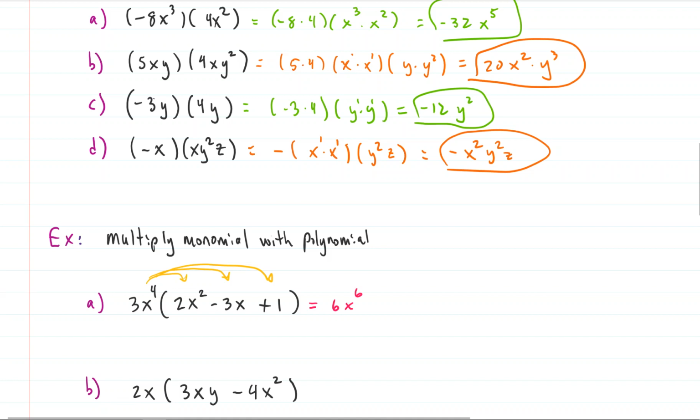So we have 6x to the sixth. Then 3x to the fourth multiplied by negative 3x is negative 9x to the fifth, because 4 plus 1 is 5. And then 3x to the fourth times 1 is just 3x to the fourth.